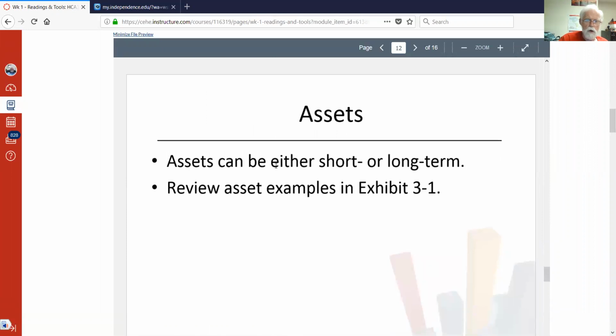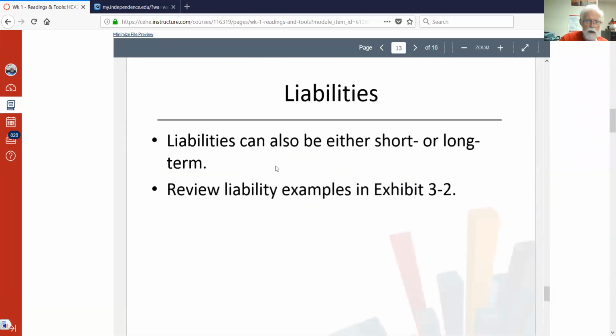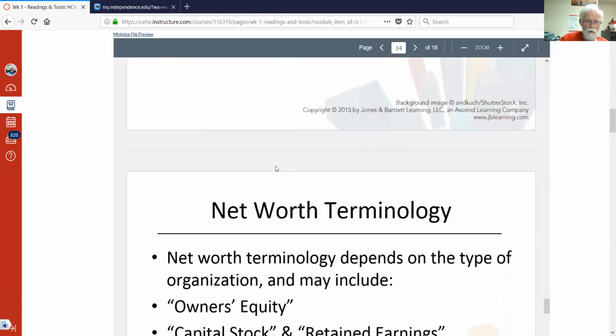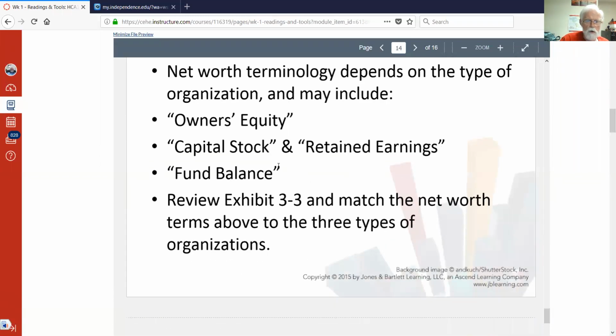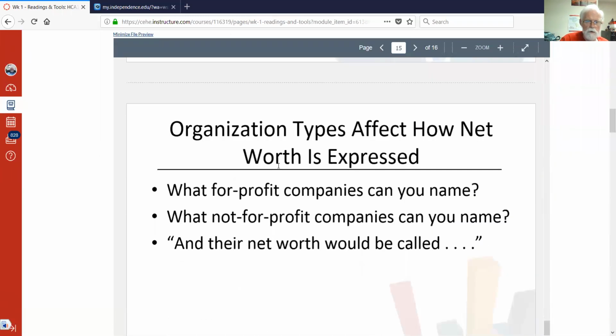Assets, short or long term. Okay, liabilities can also be short or long term. So we need to follow those. Again, those are terms that come in for our accounting.